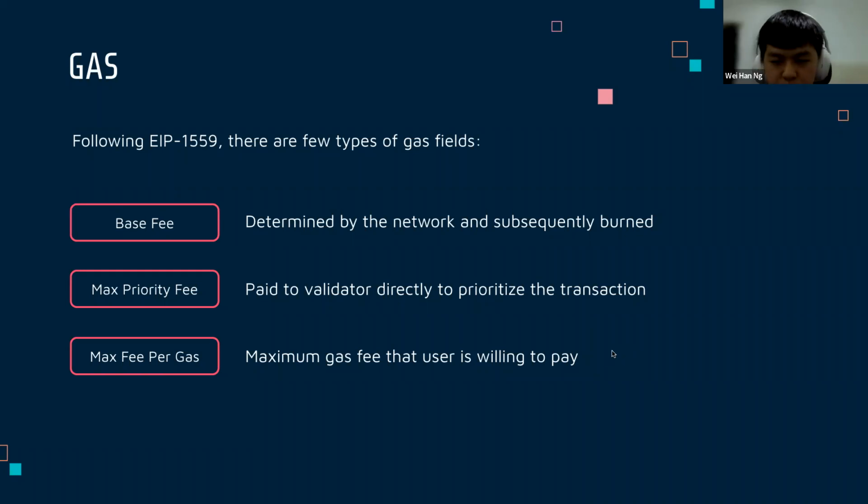Now that we understand why we need gas, let's talk about this new gas mechanism, following EIP 1559. For those who don't know, EIP stands for Ethereum Improvement Proposal. It's basically what it says: a proposal. Every time the community wants to improve the protocol, they submit a proposal and say, hey, I feel like this architecture is better for the Ethereum network, what do you think?